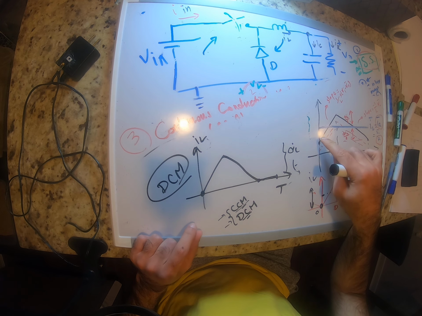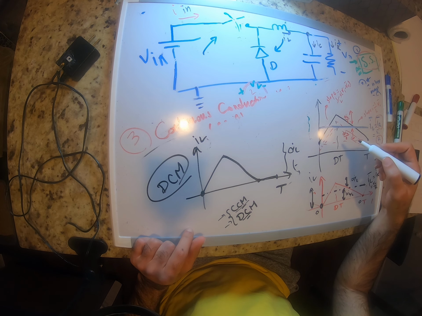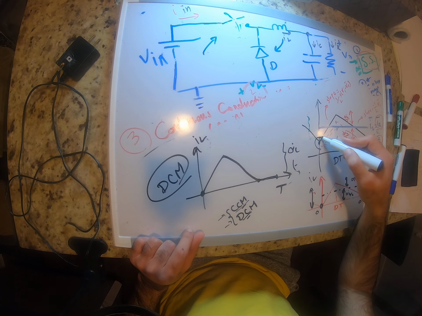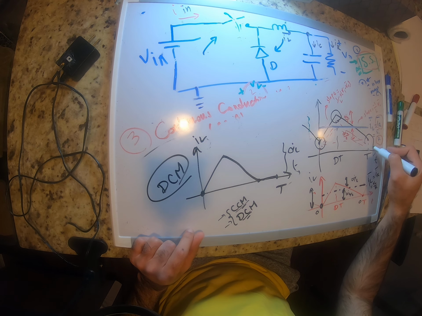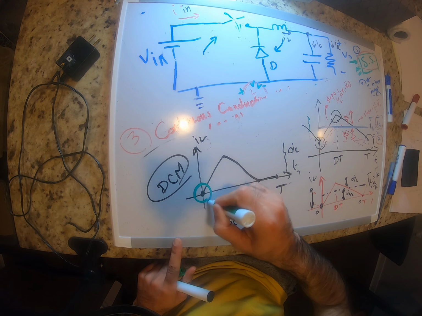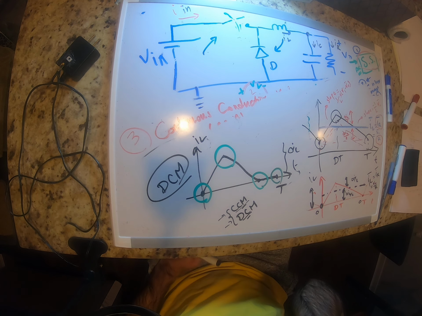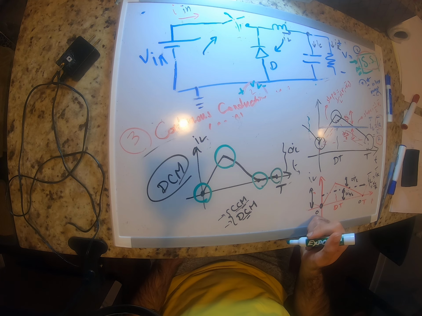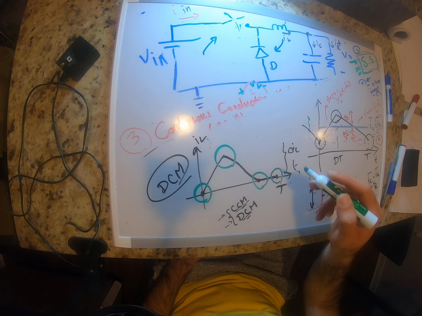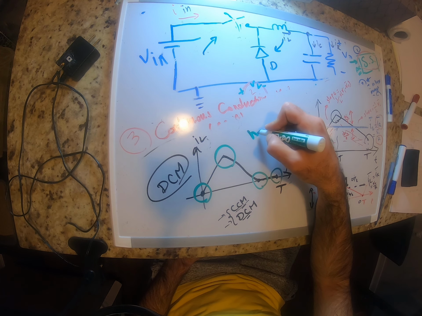In CCM, you can see that the changes in our current happen at these points. Here we have more changes over one period, so we have more harmonics.